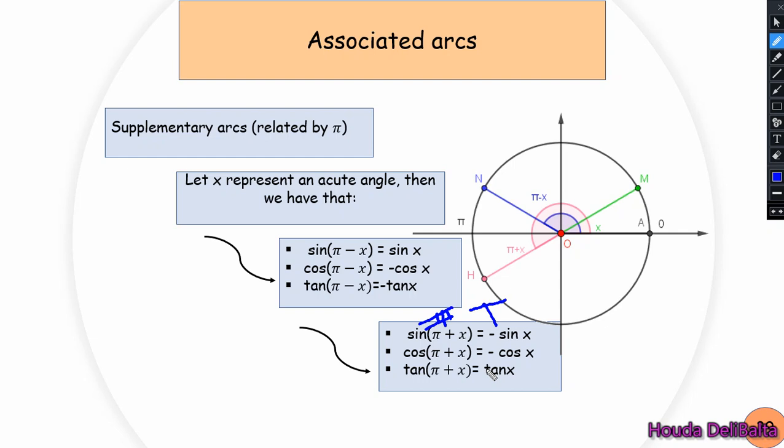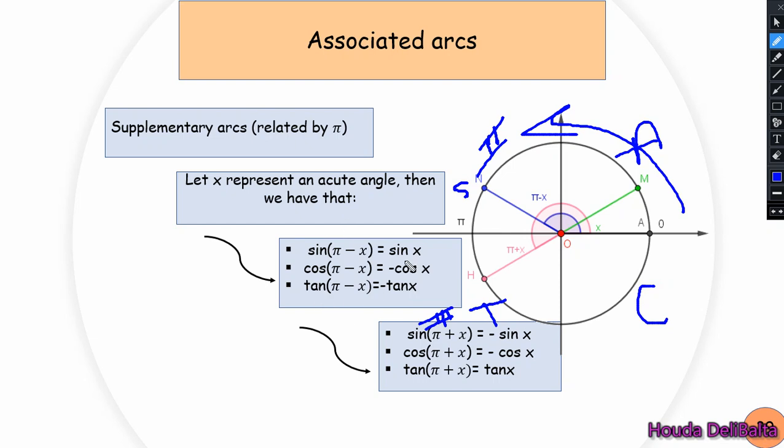And in quadrant 3, only tangent is positive and the others are negative. So to sum up, whenever I have sine of pi minus alpha, or pi minus x, or pi minus beta, and similarly for cosine, I just specify the quadrant where pi minus alpha belongs to. So I move in the positive sense, and I'm sure that pi minus x is in quadrant 2, and then I apply the rule of all students take chemistry.